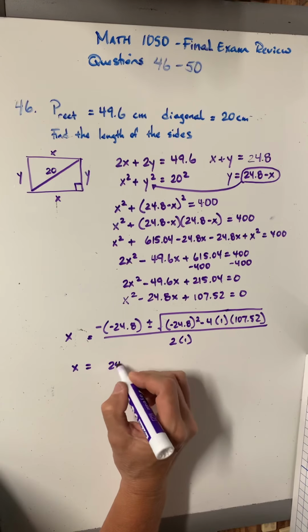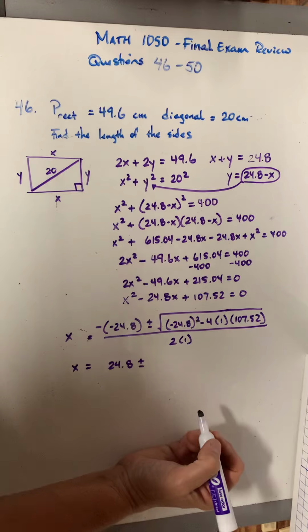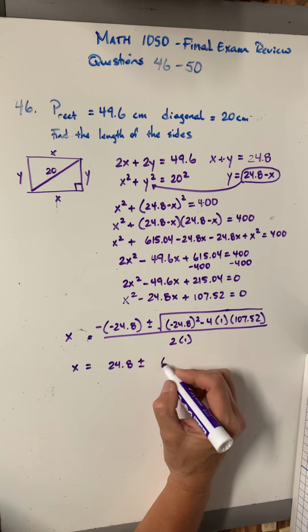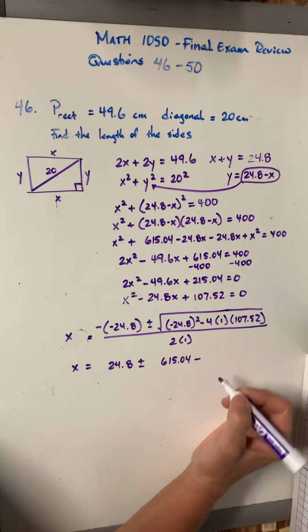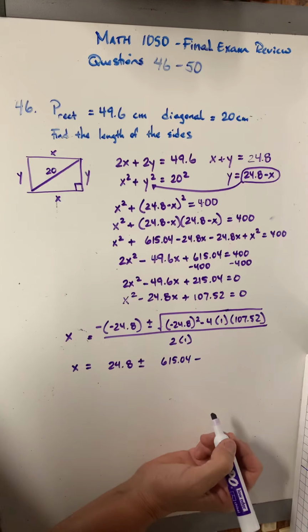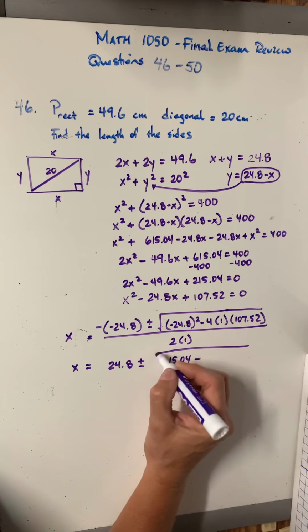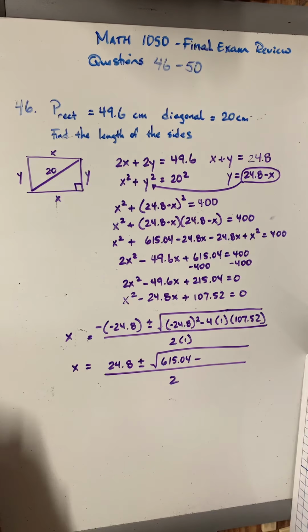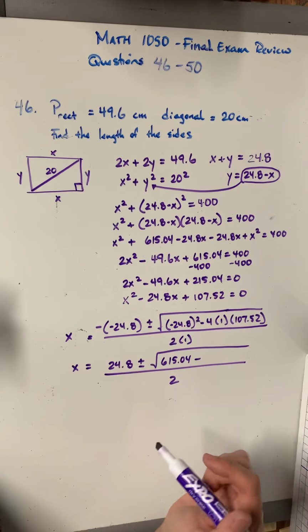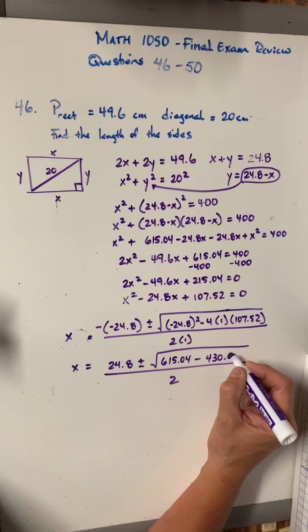So I get 24.8 plus or minus the square root of 615.04 minus 4 times 107.52, all in the square root, all over 2. 4 times 107.52 is 430.08.